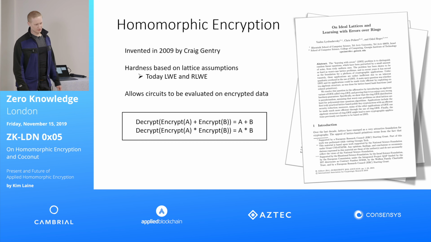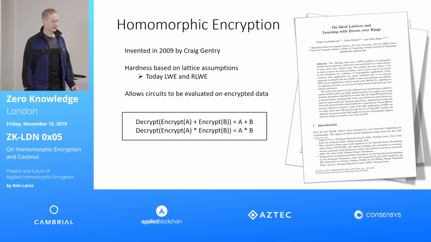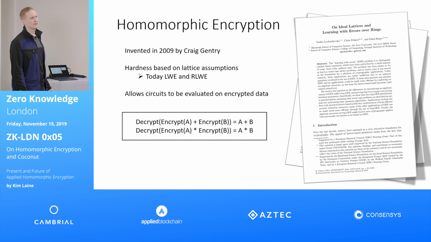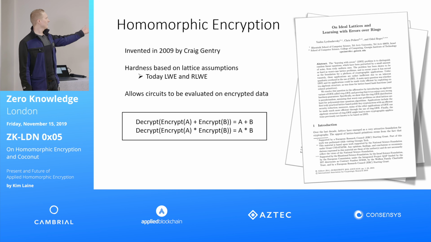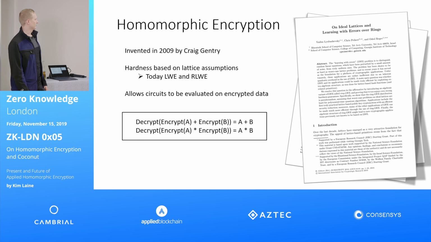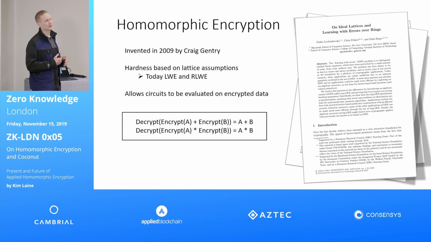Here are two equations that capture everything I just said. If you take an encryption of some number A and an encryption of some number B, and you sum them and then decrypt that, you get A plus B, and the same for multiplication.